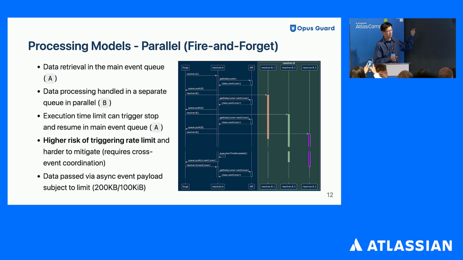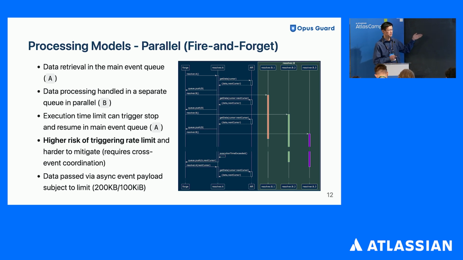After you retrieve the data back from the API, instead of processing within the resolver A function, you throw a new async event back to the Forge platform, and the Forge platform will call a resolver B, which is dedicated to data processing. You see those color bars running on a separate event handler, separate from the data retrieval threads.